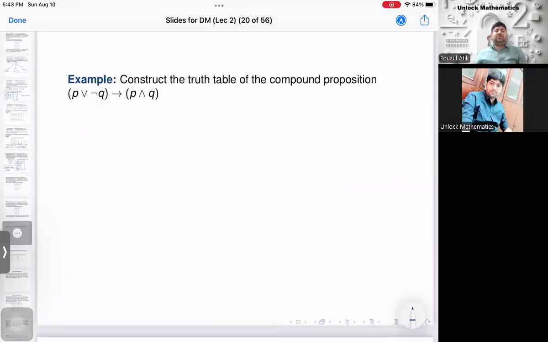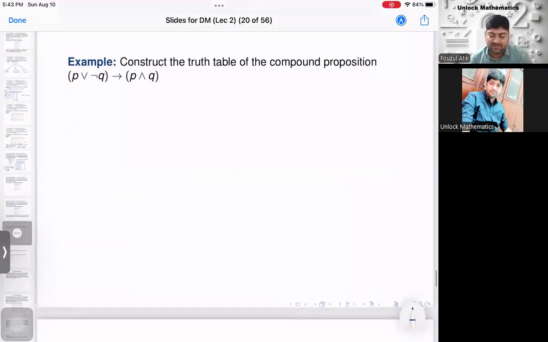And then a few truth tables we will do. Construct the truth table of the compound proposition. So how many variables are involved? P and Q, two different variables. So we can do it the same way we have done before. It is a little bit bigger, but the operations are as usual: AND operator, OR operator, implications. Just carefully apply all the rules of the truth tables.